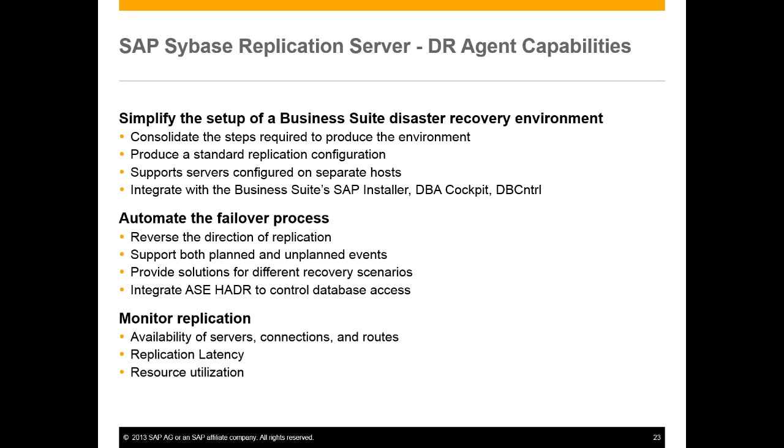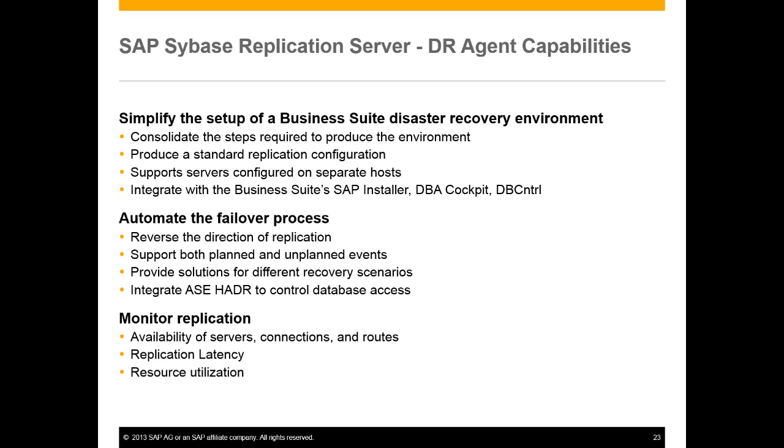It also integrates with the SAP installer, the DBA cockpit, and the database control. DBA cockpit is the SAP monitoring facility for all of the Business Suite installations. So the DR agent is able to integrate with the installer, DBA cockpit, as well as DB control. So this is the first thing: it does the installation and configuration.